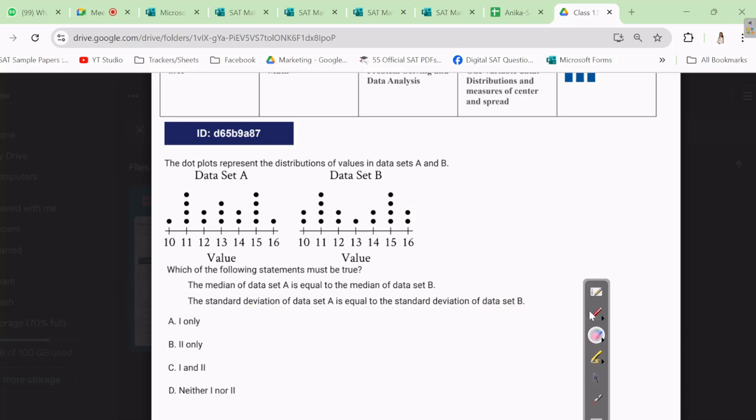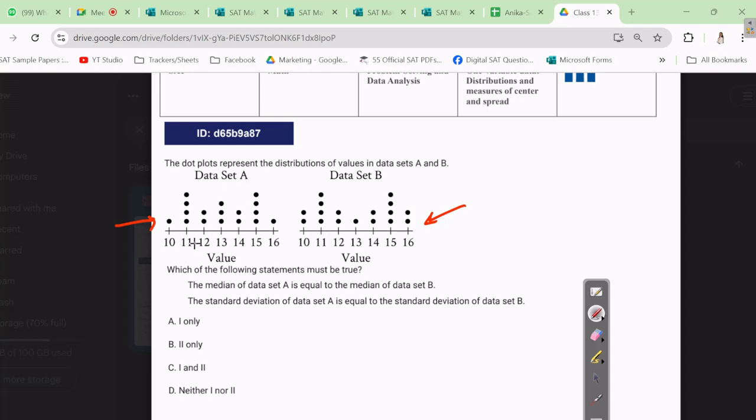First let's see about the median. Anika, would you say that this is a symmetric data set? Yes, it's symmetric. And what about this one? Also symmetric. So we can find out the median for both of them. It's equal.